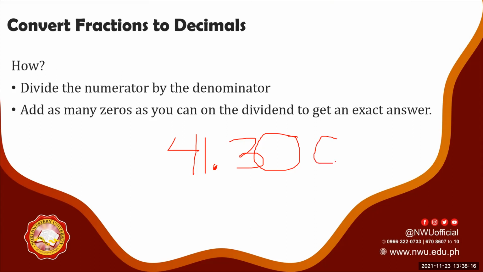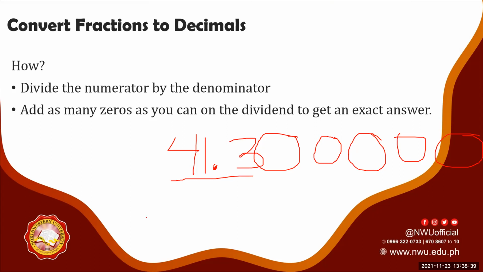If you extend that by adding as many zeros as you would like, still, that will not change the value of 41.3. That is one of the properties of decimal numbers that we should know.